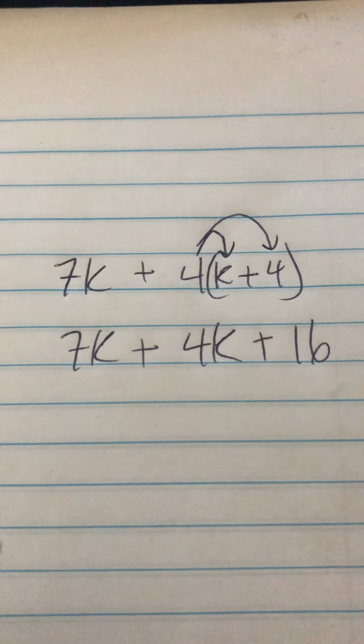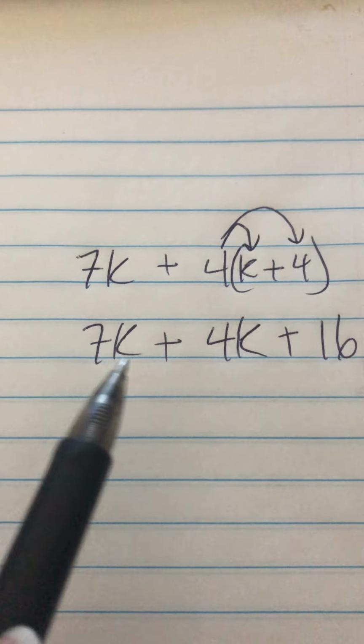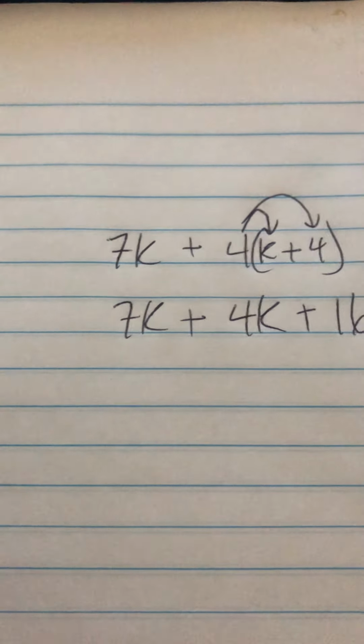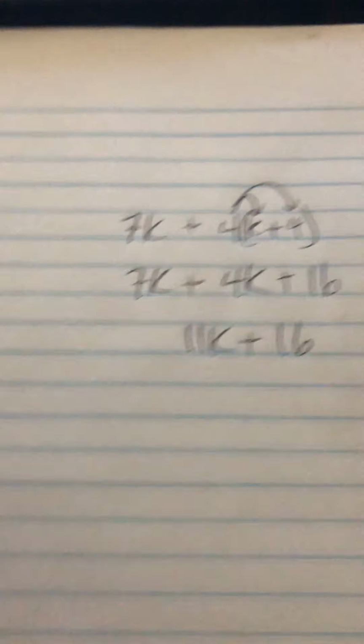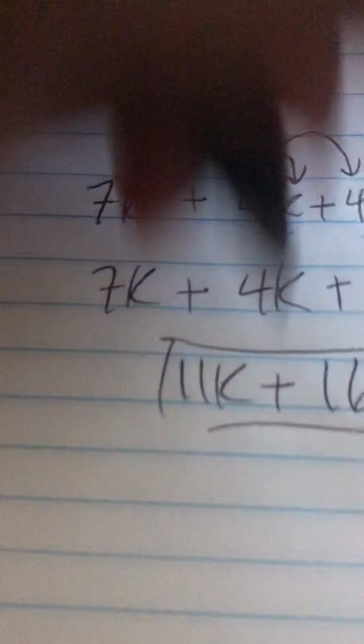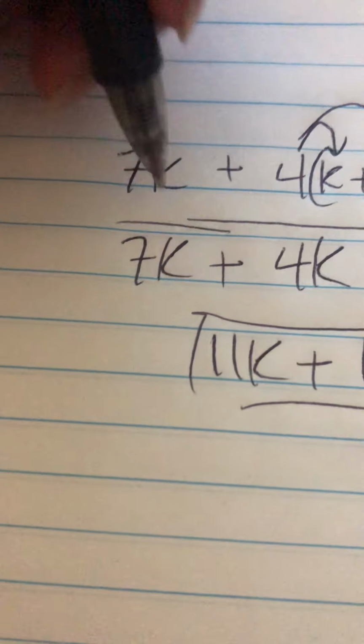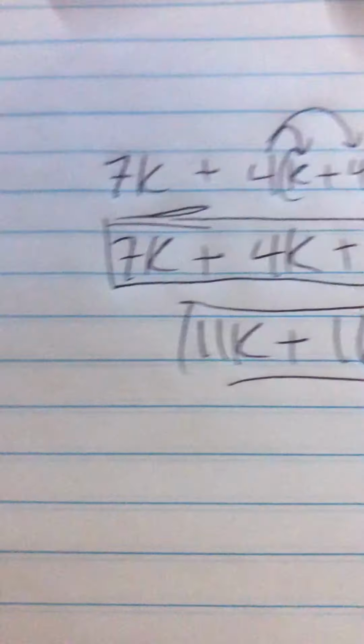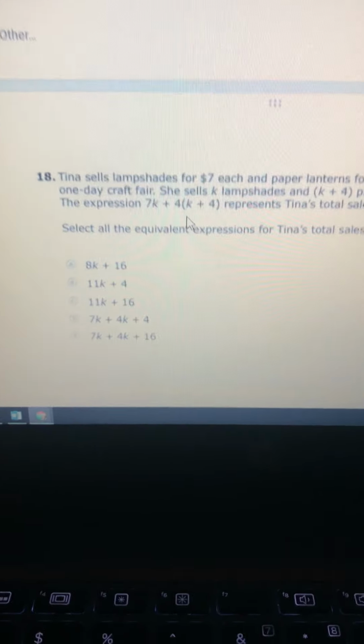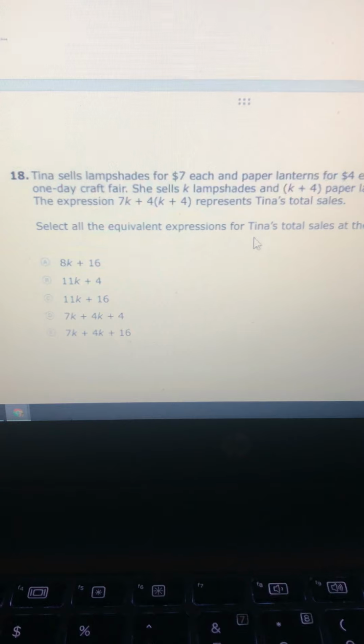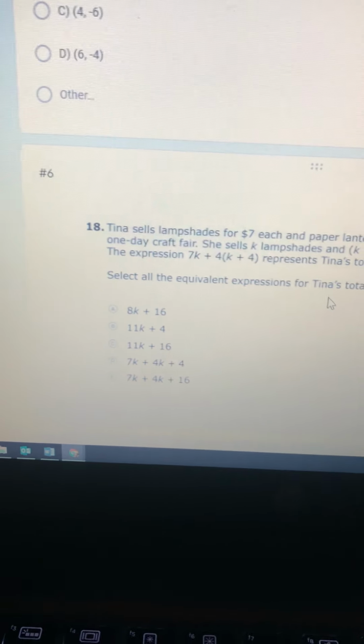Now, like terms, remember that? Like terms, 7K plus 4K gives us 11K plus 16. All right, so this is our final answer, but this is also the correct answer. So when we look at that, it says select all the equivalent expressions for Tina's total sales at the fair, right?